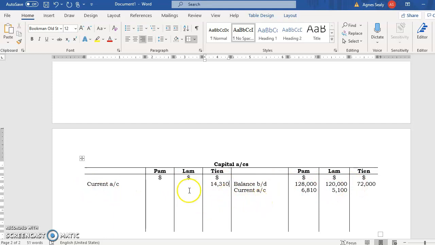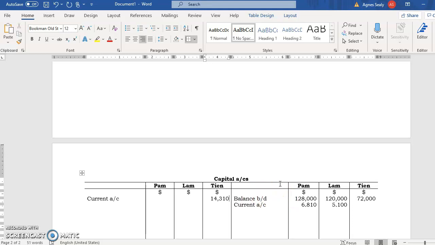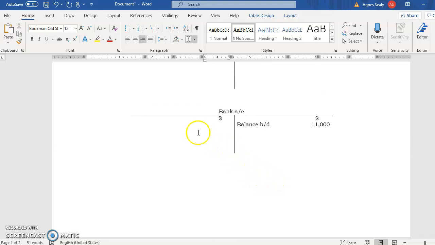Okay, so we've entered those figures for the current accounts in the capital account, and the opening balances for the partners in the capital account. We've also entered the balance on the bank account as well.